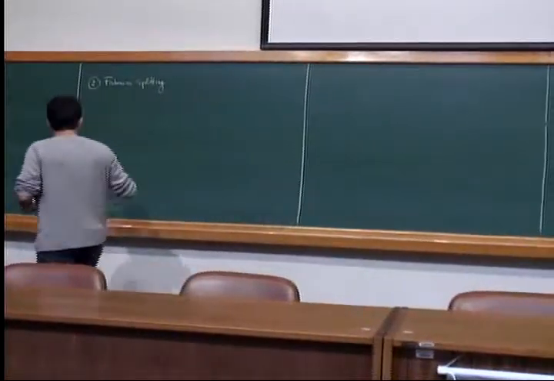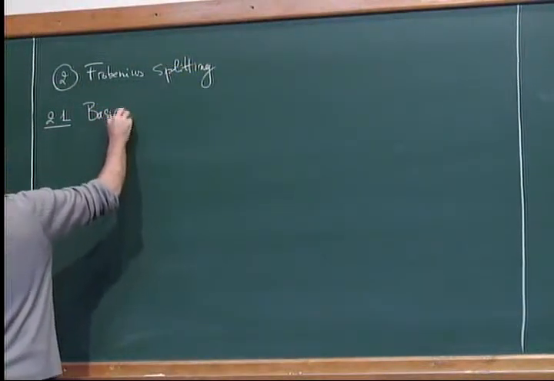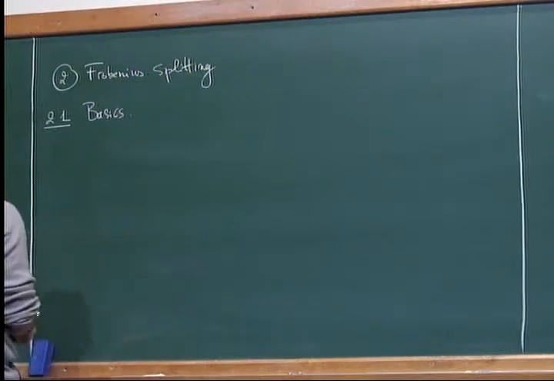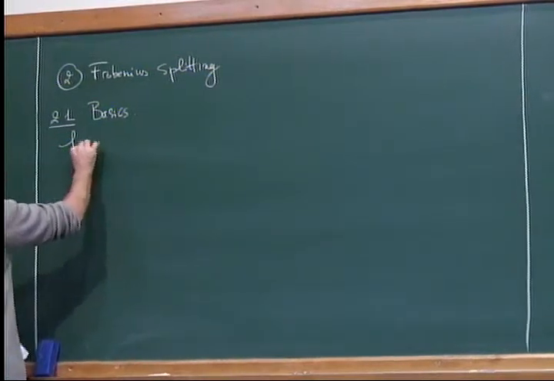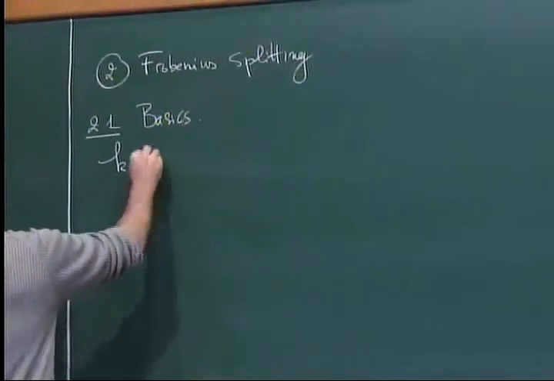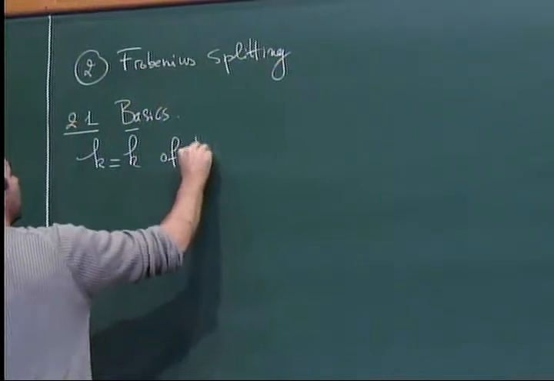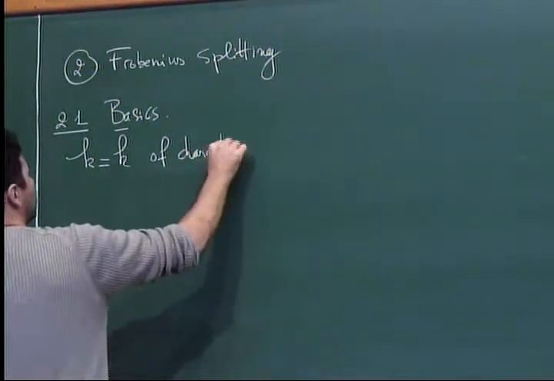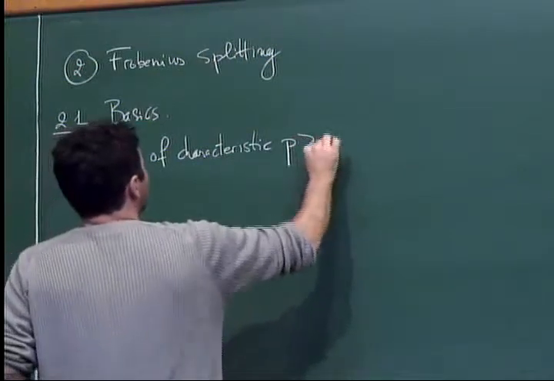So first, basics, say. Let's fix the notation again. K now is an algebraically closed field of characteristic p positive.